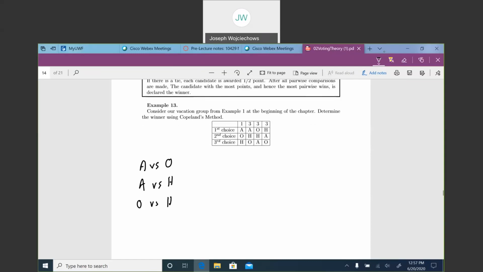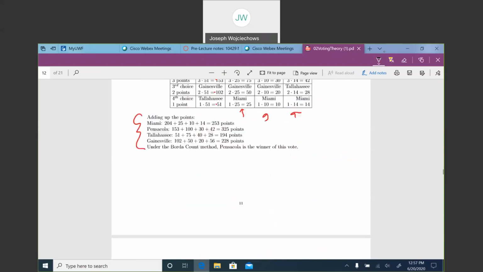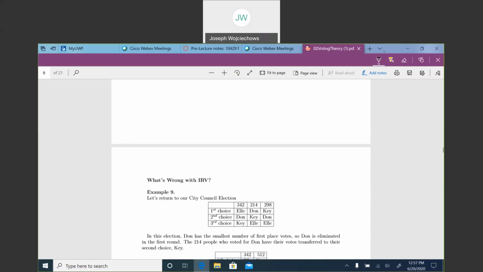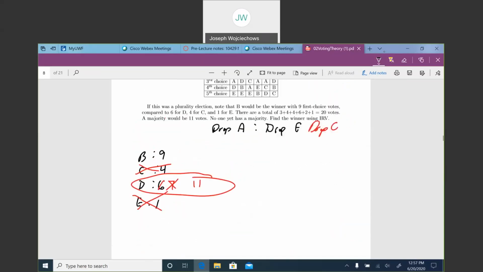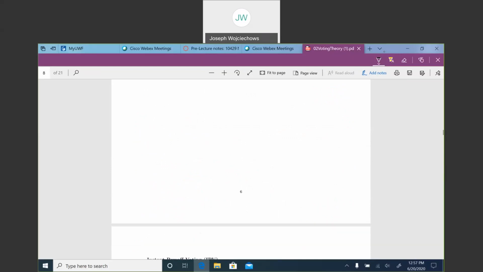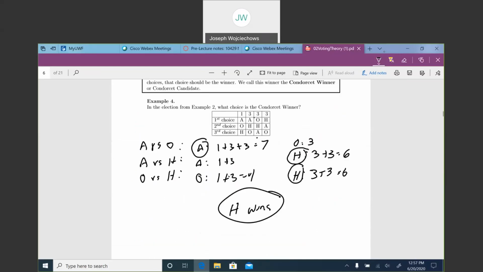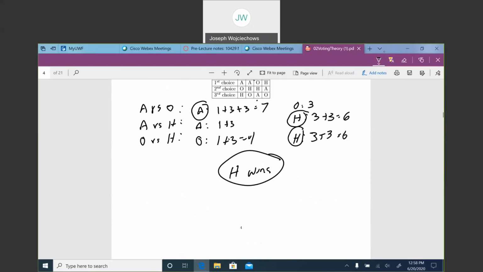So let's go back to where we did the work on this already and see what we had. Where are we? Because this is similar to the Condorcet. But what we're going to do instead is, okay, we have this Anaheim versus Omaha, and Anaheim won.